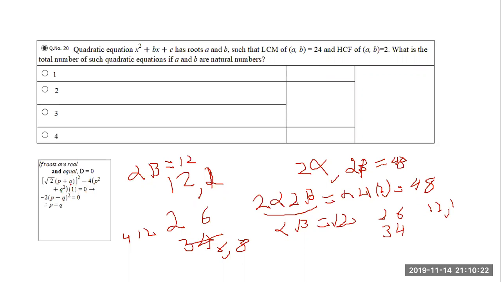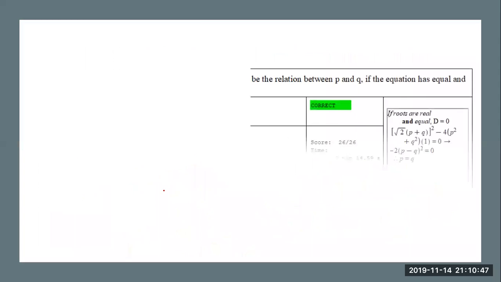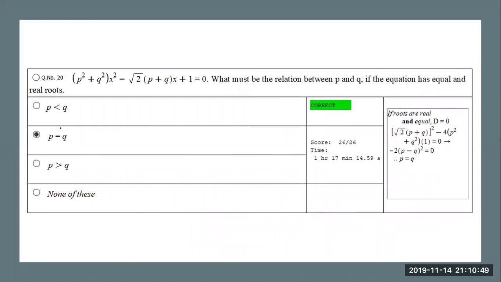That is the equation given here, and the question asks what the value of p is. Therefore, that question is different. We will see whether we are getting it or not. Yeah, this is the question.